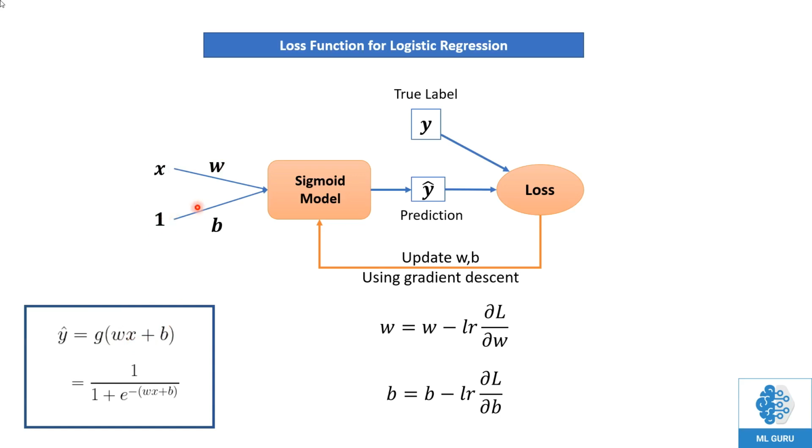Multiplying this 1 with b gives you the b itself, and hence we get this wx plus b, and then we pass this wx plus b, or the weighted sum of the input features, to this sigmoid model, which is denoted by this g, which is nothing but a mathematical function represented using this equation, which is 1 over 1 plus e power minus (wx plus b).